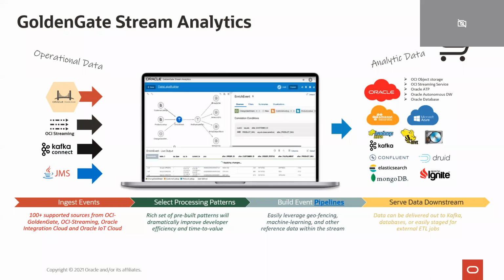So the two pipelines that I mentioned run with the Stream Analytics tool. The tool is mainly a UI you see in the center of the screen, and the data, again, delineating the operational data from the sources that come in. That data gets ingested as events, whether it comes from Kafka topics or Kafka Connect, let's say Cassandra or something like that, and JMS topics, GoldenGate, databases, or even a file system, into the Stream Analytics tool.